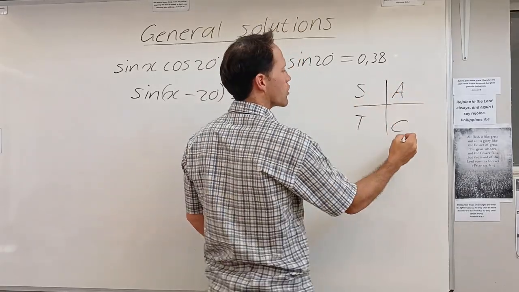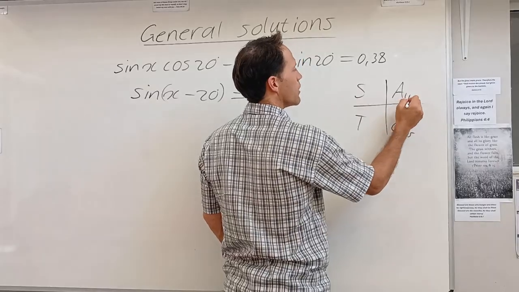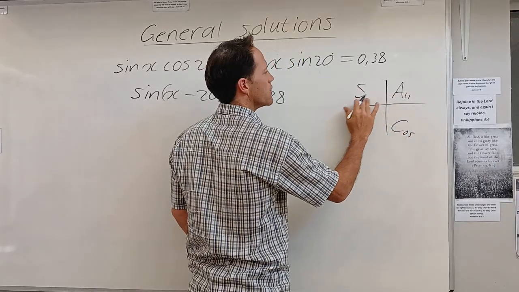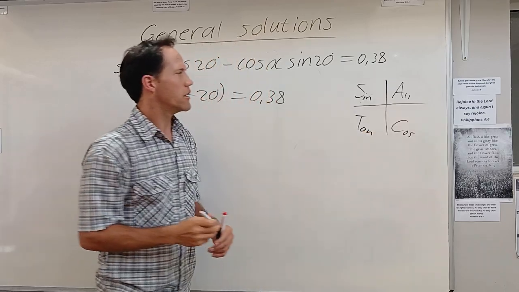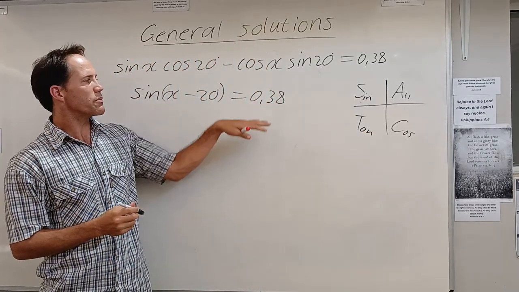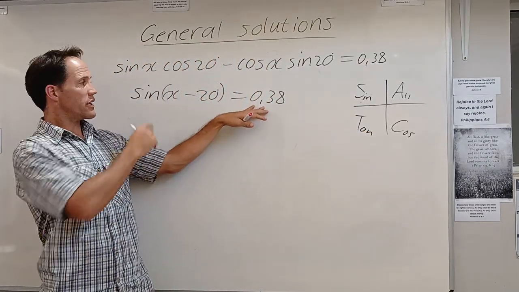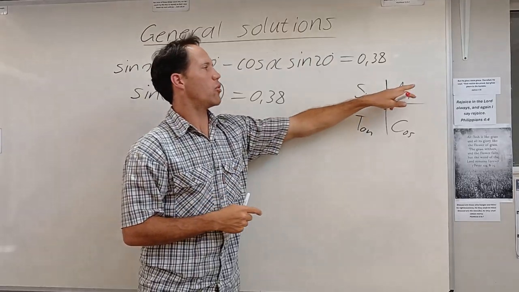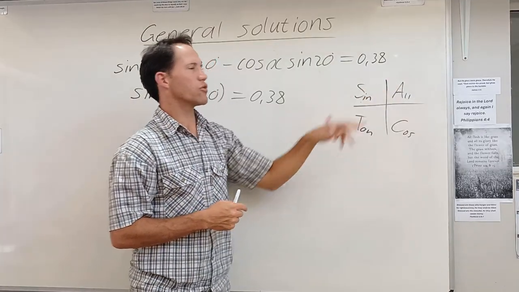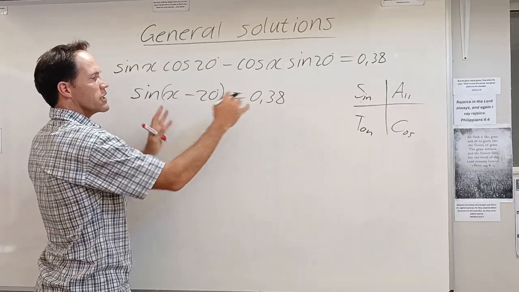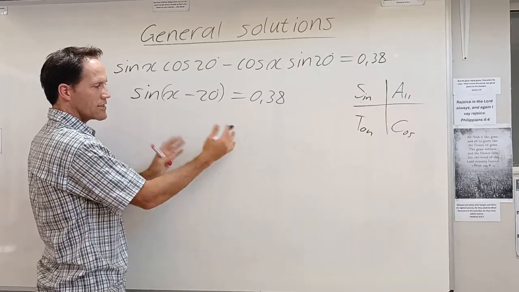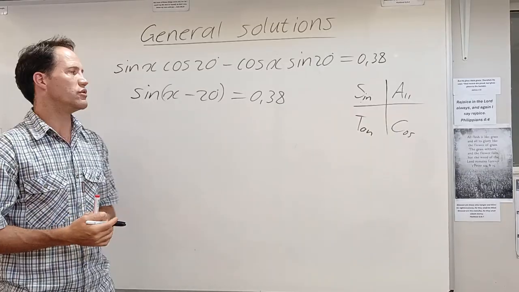Cos is positive there, all are positive there, sine is positive here, and tan is positive over there. So if we know it's positive, and it's sine, then we know our solution must be in the first and the second quadrant. That's our two options. That's our two solutions.